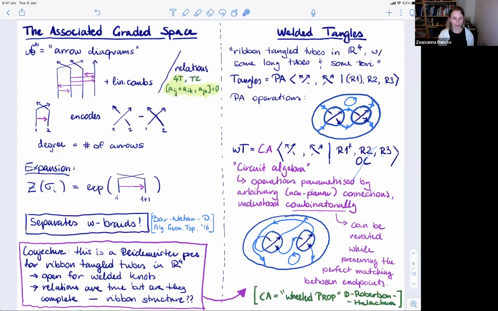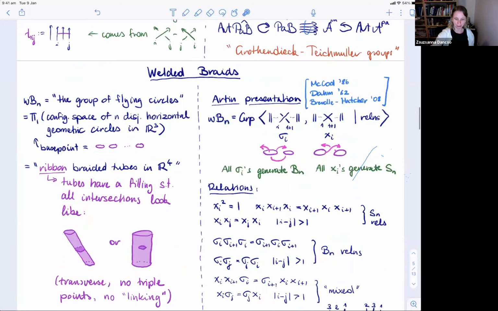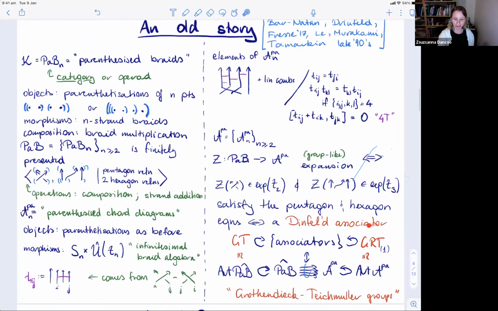And there's a very simple homomorphic expansion, which is a bit surprising, because homomorphic expansion for parenthesized braids in the classical story corresponded to Drinfel'd associators, which is not a straightforward gadget.